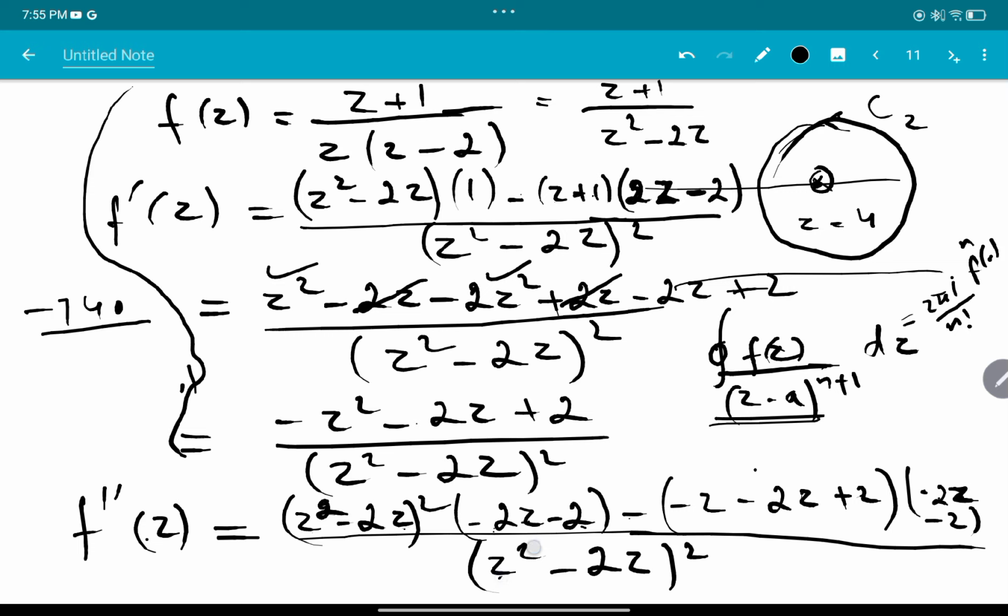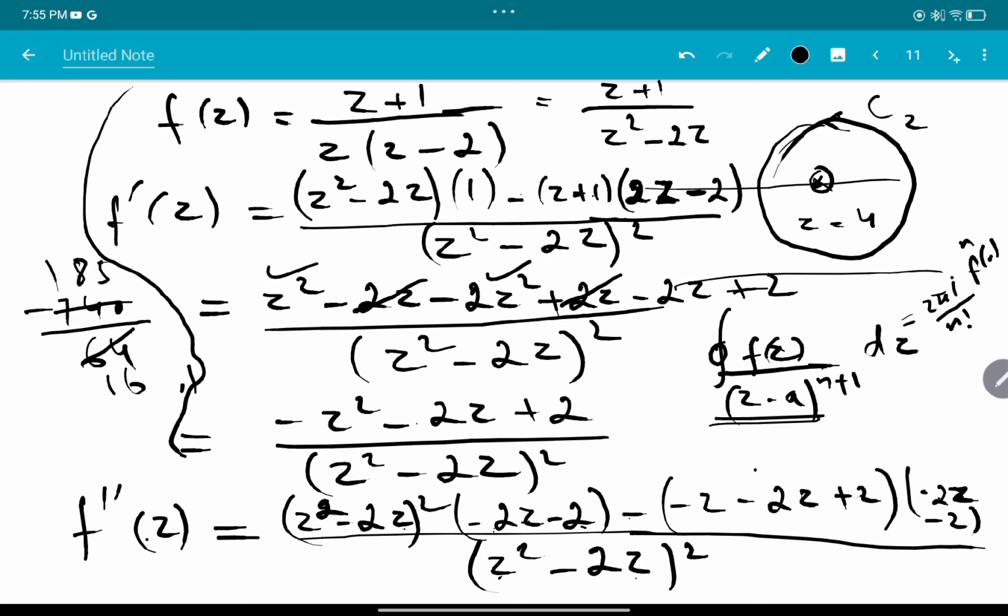z is 4, 4 square is 16; 16 minus 2 into 4 is 8; 8 square is 64. Now you can check yourself how much it is. So it is 185 by 16, this value.